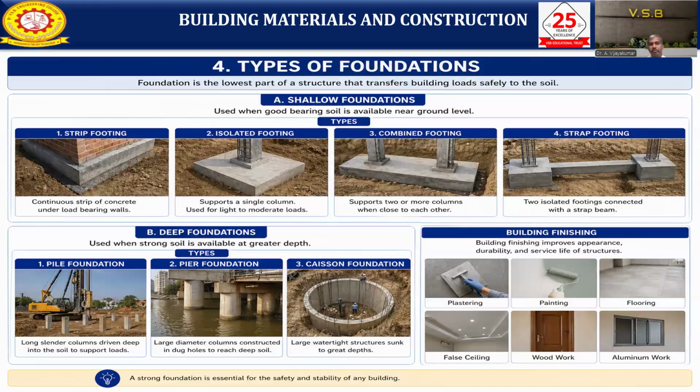It needs huge holes and reaches deep. The next foundation is the caisson foundation, a large watertight structure sunk to a greater depth, and then we need to pour the concrete. A strong foundation is essential for the safety and stability of any building.